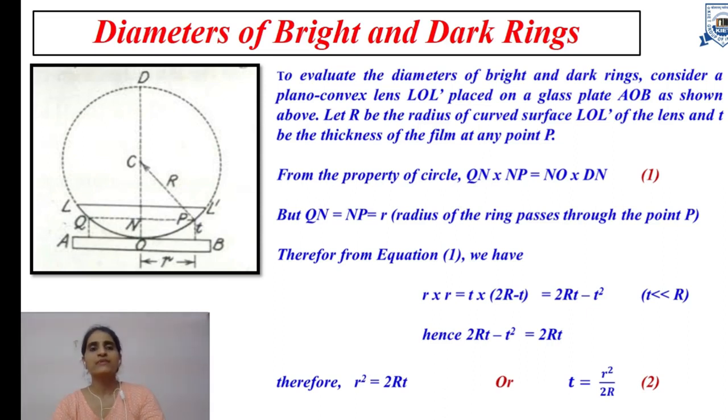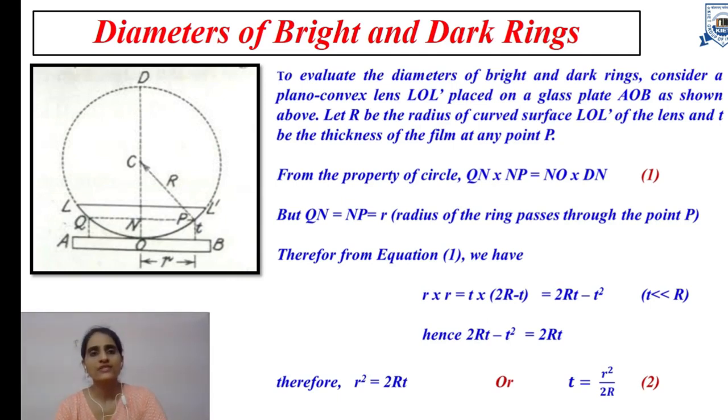If you see my previous video, there I have explained the experimental arrangement of Newton's ring, the formation of Newton's ring, and the condition for constructive and destructive interference pattern. So in continuation with that, I have made this video for the diameters of bright and dark rings.